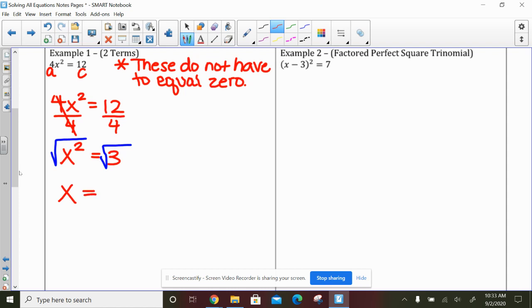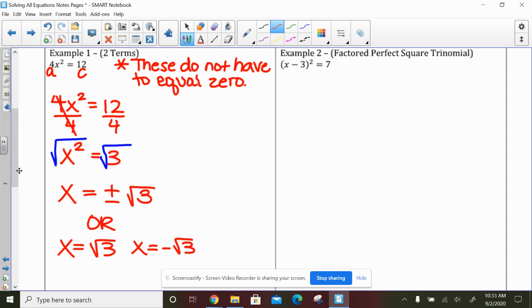Now, when you take a square root, it can be positive or negative. So this will be a positive or a negative square root 3. You can leave your answer like this, or if you write x equals square root 3 and x equals negative square root 3, those are the same things. So those are your two answers for this problem.